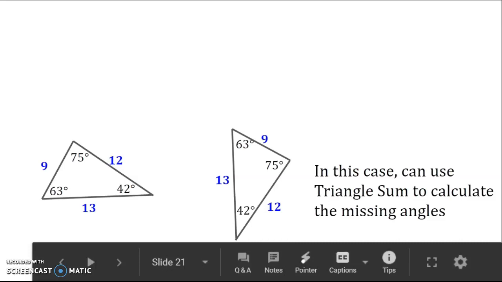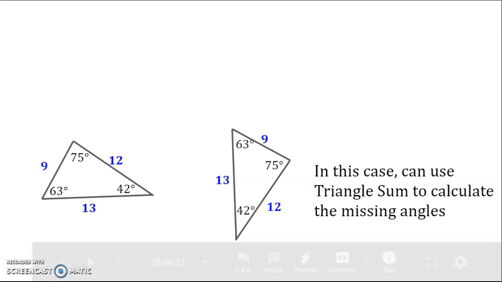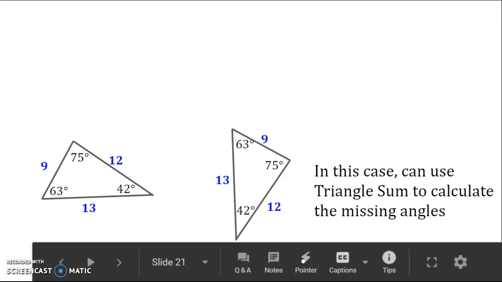The side length opposite 63 degrees is 12. The side length opposite 42 degrees is 9 units, and opposite 75 degrees is 13. So we know that not only the angle measures are the same, but the corresponding side lengths are the same. You do need to match them up as in across, because sometimes it will be the wrong side that is the same.